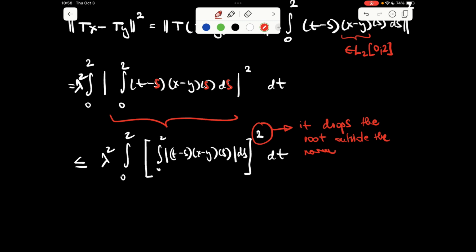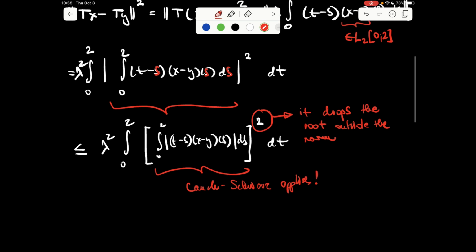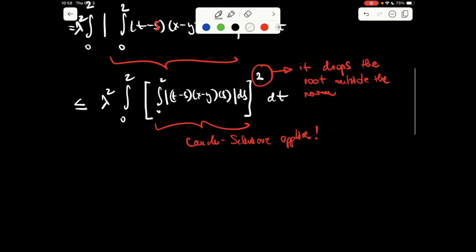Okay, so now we have an integrand in absolute value, so Cauchy-Schwarz applies. Okay, so as the next step, we have this guy.